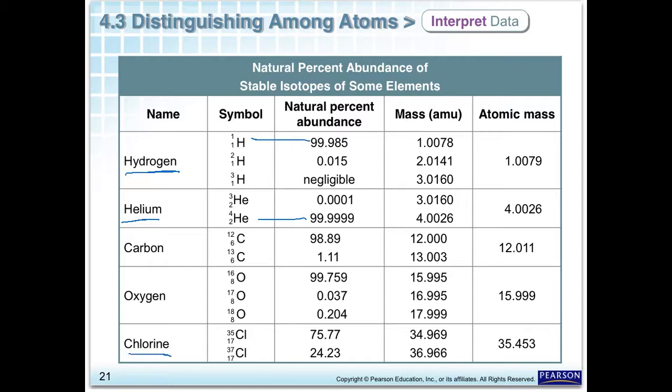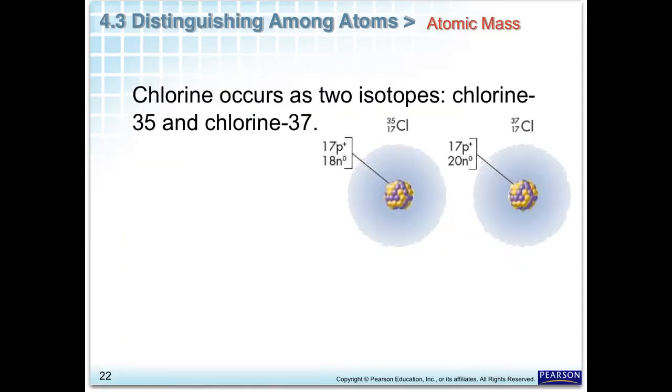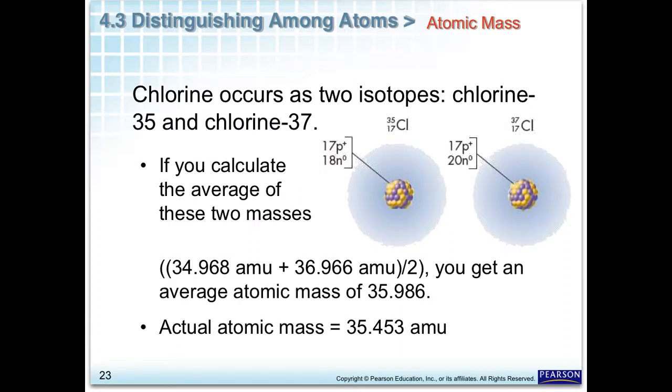However, some, like chlorine here, have 2 isotopes that occur in slightly different percentages. The 2 main isotopes of chlorine are chlorine-35 and chlorine-37. Chlorine-35 has 17 protons and 18 neutrons, and chlorine-37 has 17 protons and 20 neutrons.